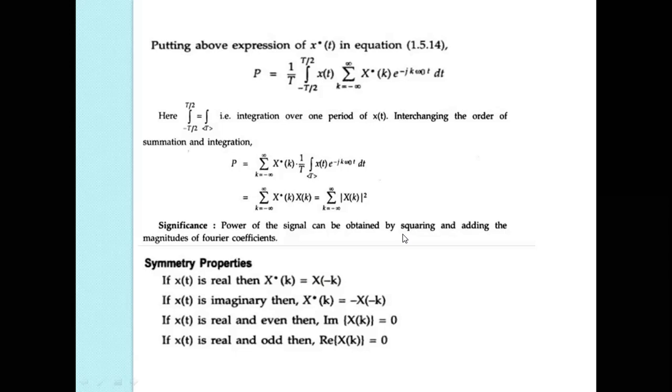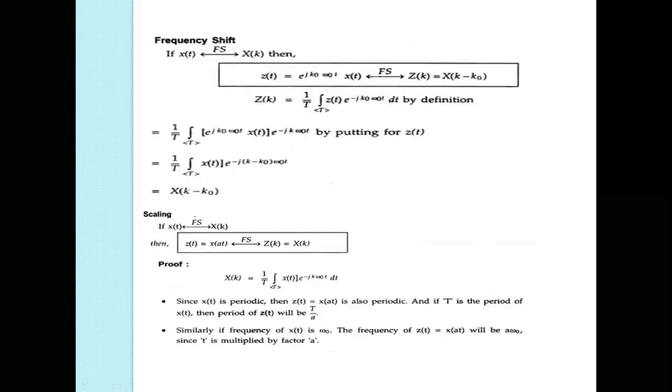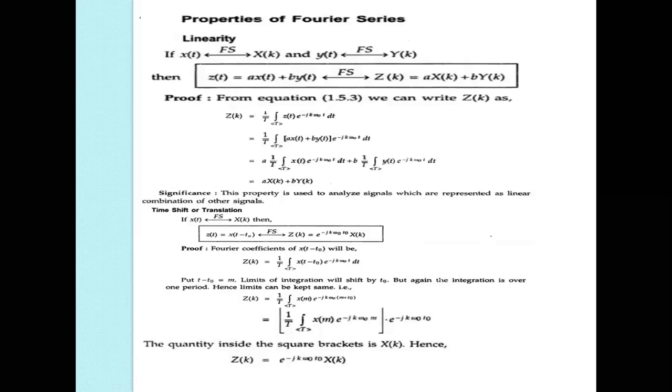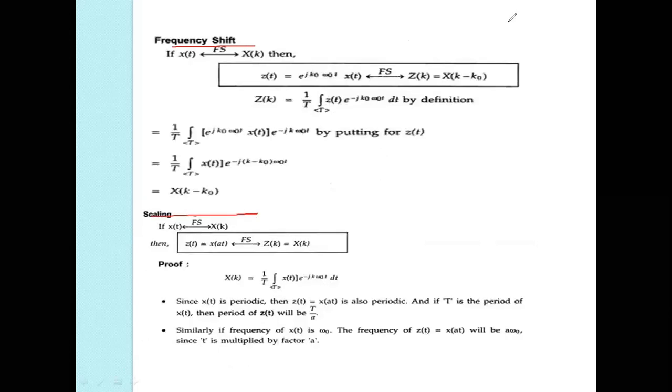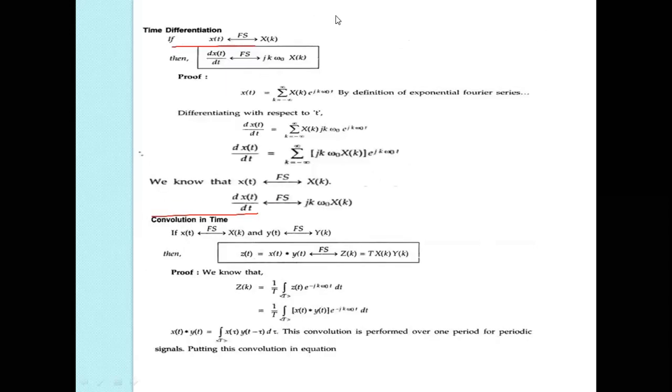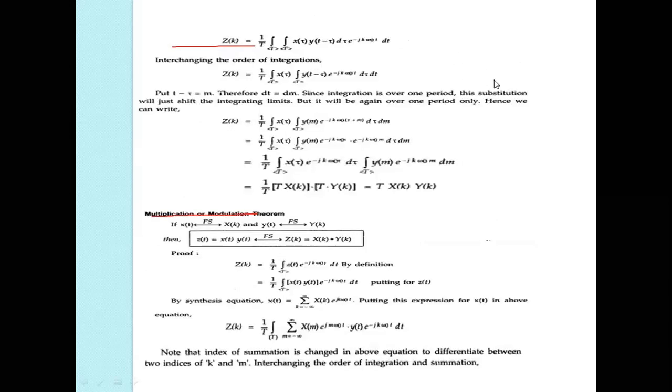So these are the different properties of the Fourier series. The first property is linearity, second is time shift, then frequency shift and scaling, that is four properties, and time differentiation and the convolution property, six properties. The seventh property is multiplication or modulation.